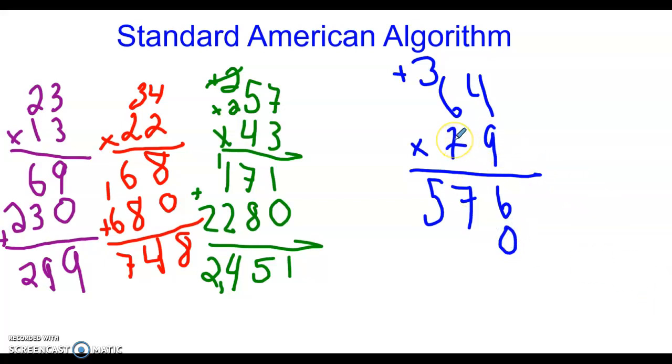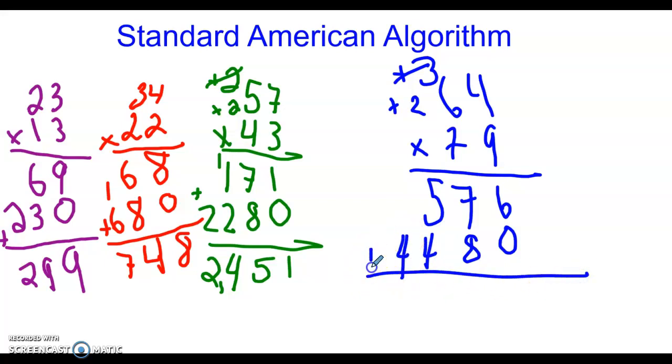Now I have what looks like 7 times 64, but really it's 70. That's why we need that 0. It's really 70 times 64. Okay, same thing. Now we do 7 times 4 is 28. Carry the 2. 7 times 6 is 42 plus 2 is 44.